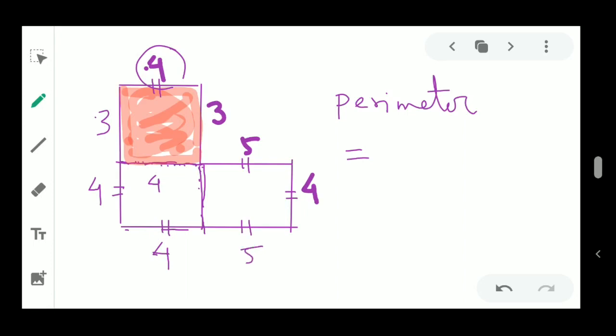Now what is perimeter? Perimeter means only the boundary. So I will take only the boundary. So 4 is in the boundary, 3 is in the boundary, 5 is in the boundary, this 4, this 5, this 4, this 4, this 3.